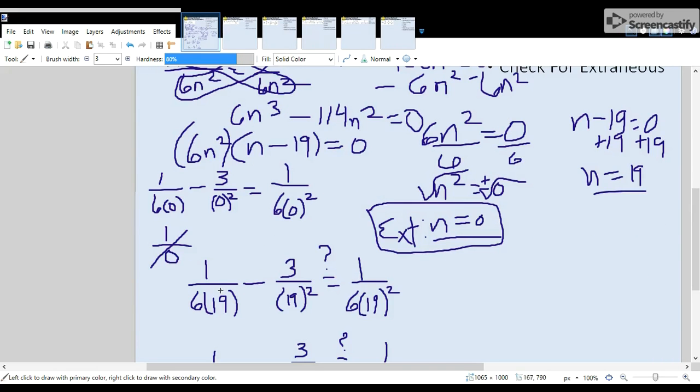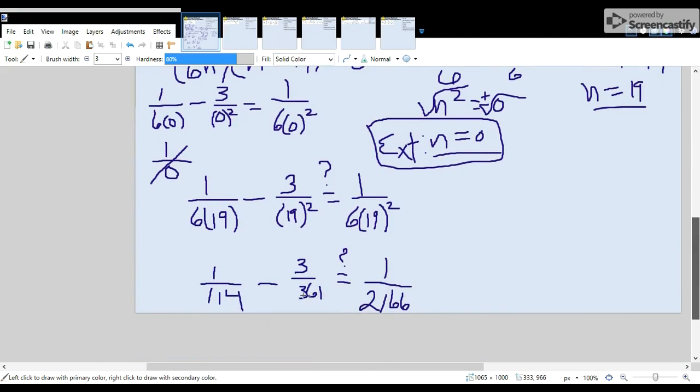So when we plugged them in, we have the 19s, and when we multiply those out, we have denominators that are not the same again. So we're going to have to multiply these to get the same denominators.